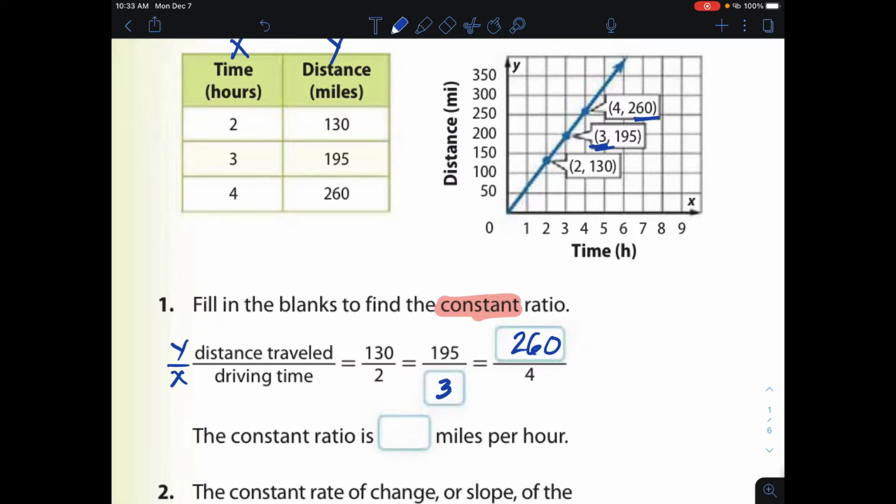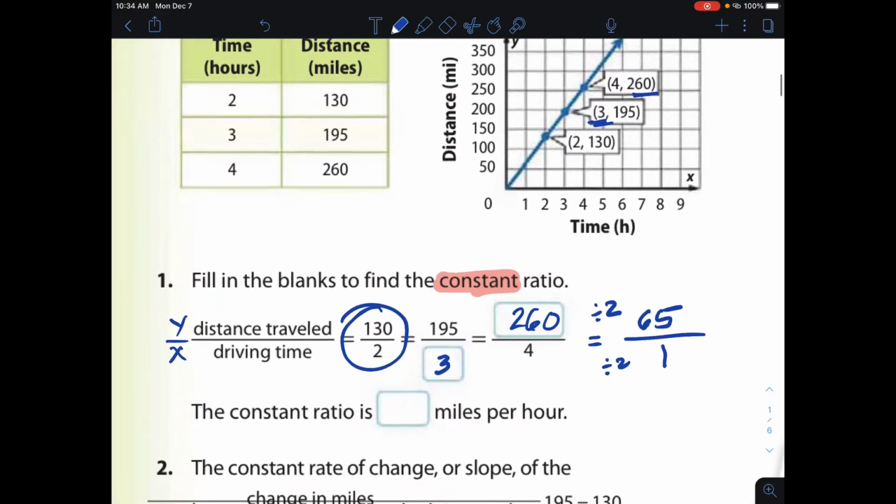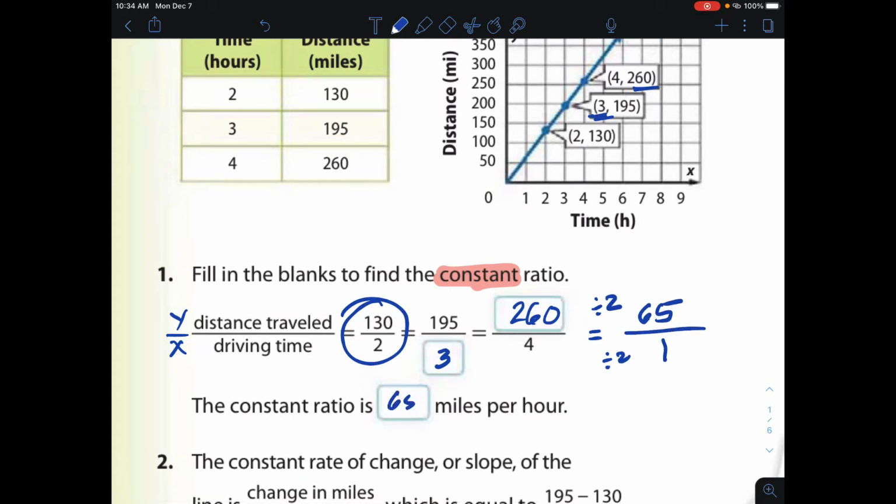So if all of these ratios are the same, that means I can find the unit rate, and the unit rate would be 65. Because if I divide 130 over 2 by 2, I get 65 over 1. So the constant ratio is 65 miles per hour, or the unit rate is 65 miles per hour.